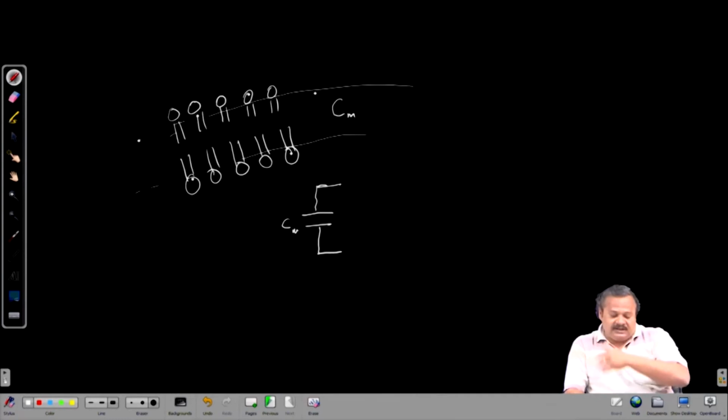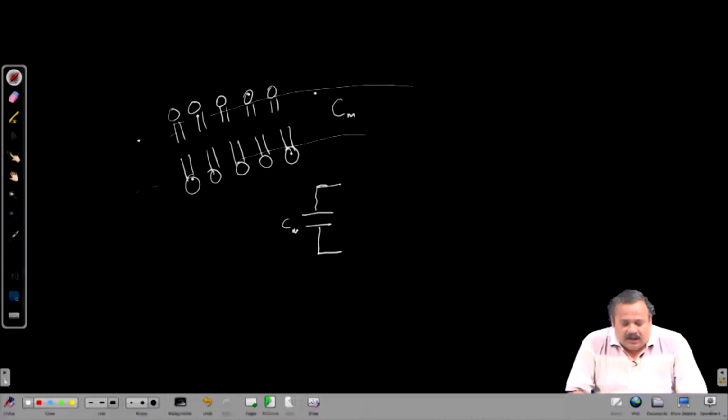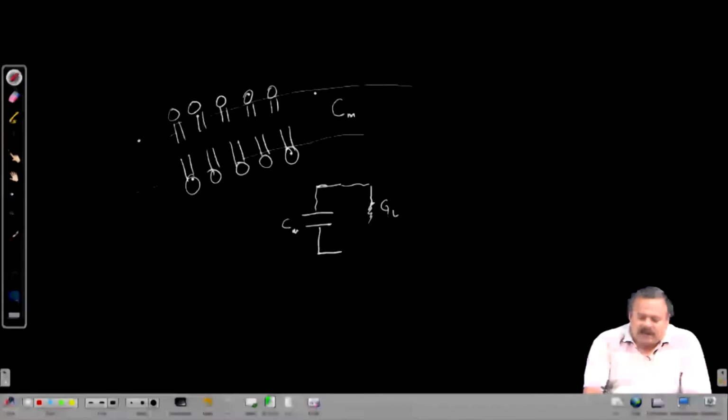So, there must be changes in voltage to have a current flow, as you know from elementary electrical sciences. So, let us say that there are some channels, which we will call G leak, and there is some battery that stops the flow of the ions going through that leak, which we will name E leak.